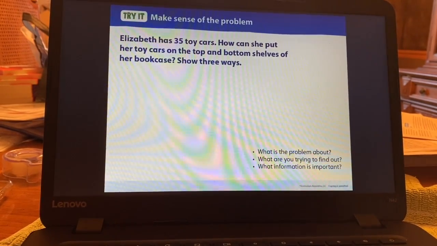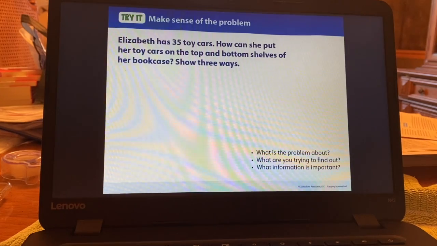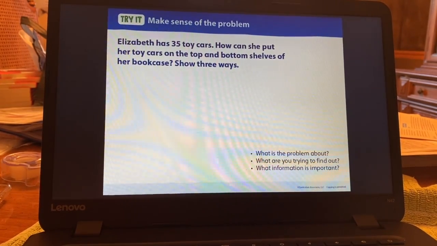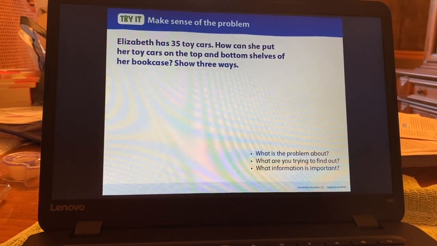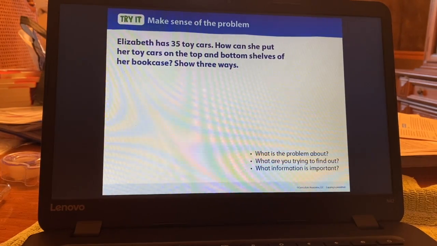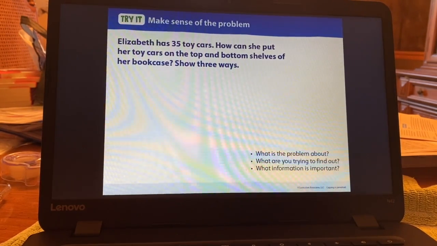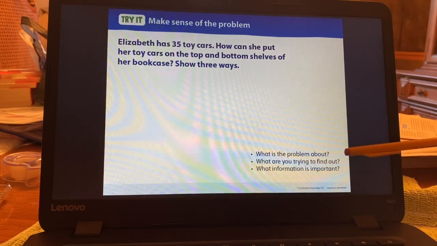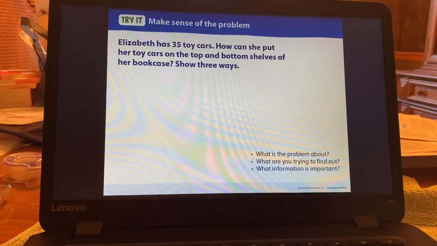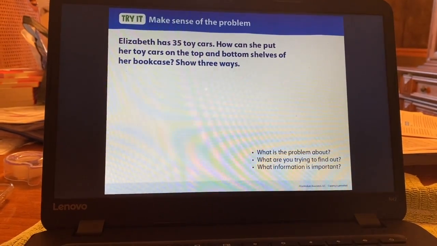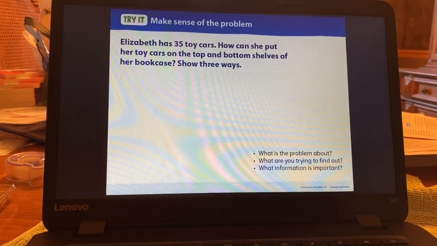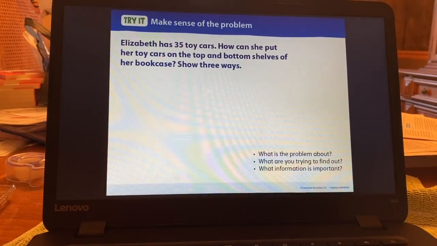So it says, Elizabeth has 35 cars. How can she put her toy cars on the top and bottom shelves of her bookcase? Show 3 ways. Well, first of all, down here it says, what is the problem about? Well, the problem is about 35 being the total number of toy cars that Elizabeth has.